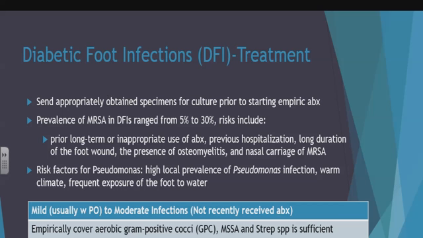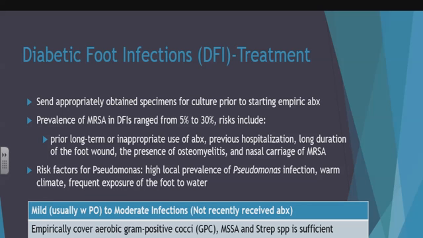For mild infections, you're going to usually be covering with PO antibiotics. And if they haven't recently received antibiotics, you're going to empirically cover just for gram-positive cocci like MSSA and strep. For mild infections in patients who have received antibiotics in the past month, you're also going to be covering for gram-negative rods, because that indicates you need to broaden your coverage, right?